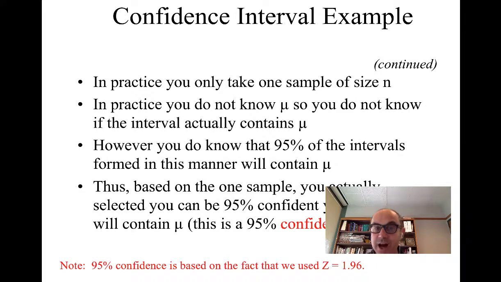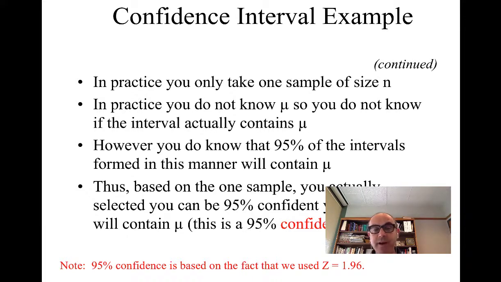However, in order to calculate the confidence interval, we have to take into consideration the use of the z, and I will talk about that in 2 seconds. But in practice you will take one sample of size n. In practice, you do not know the mean, and you do not know whether the actual interval contains the mean.